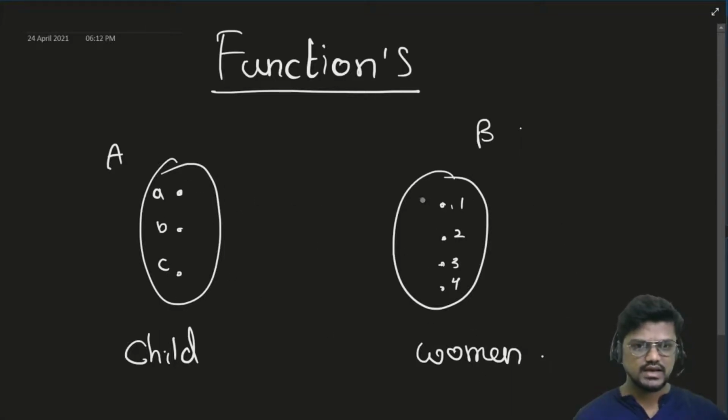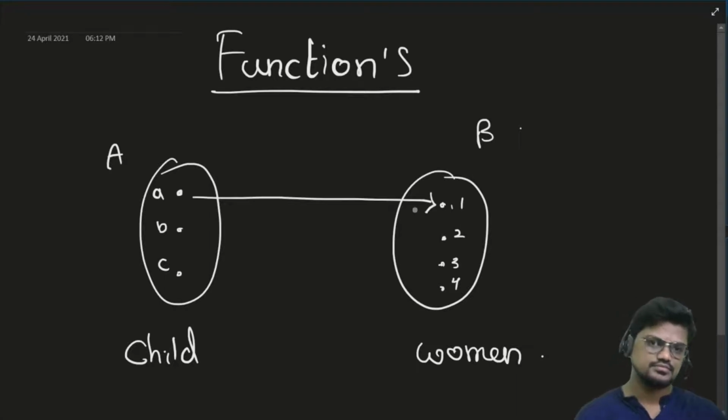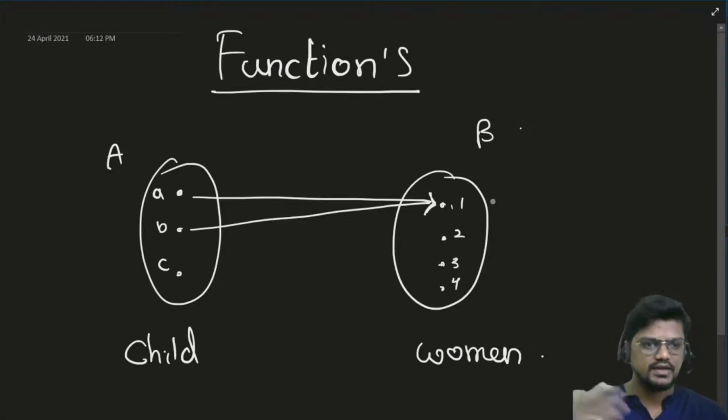A is a child of 1, and B is also a child of 1. Is this possible? Can A and B both be a child of 1? This is possible, because a mother can have two children. That is possible, right? But if I say B is a child of 3 also, then there is a problem.